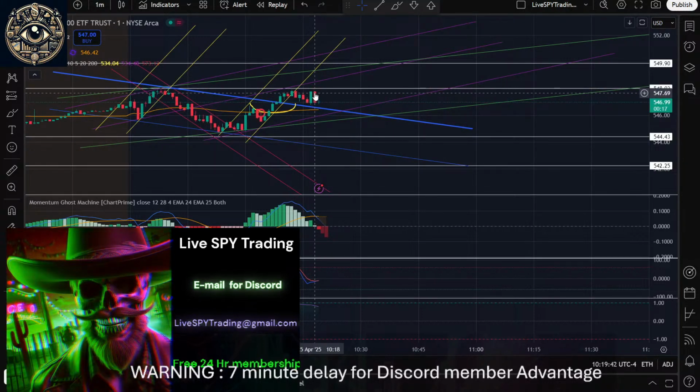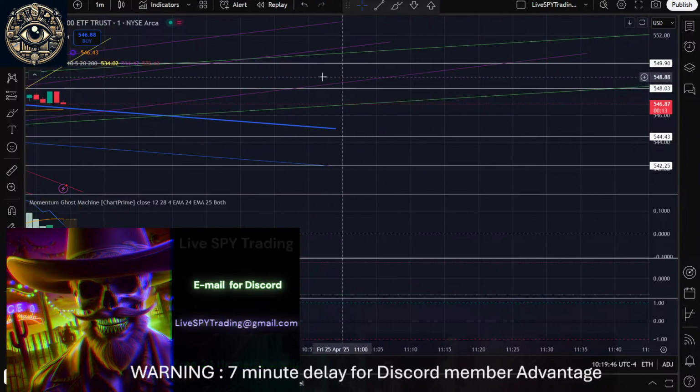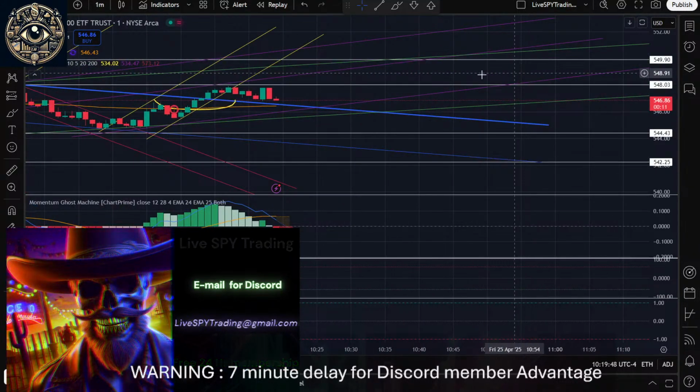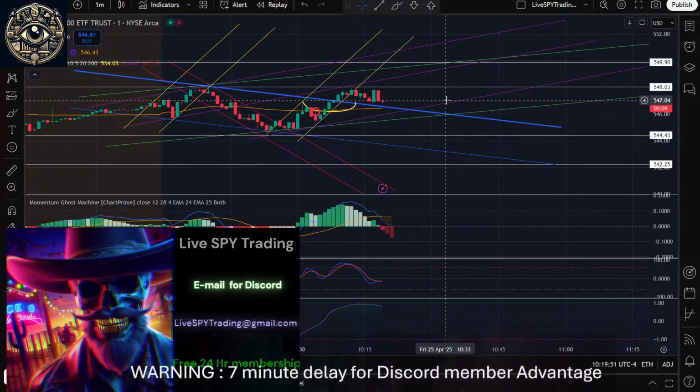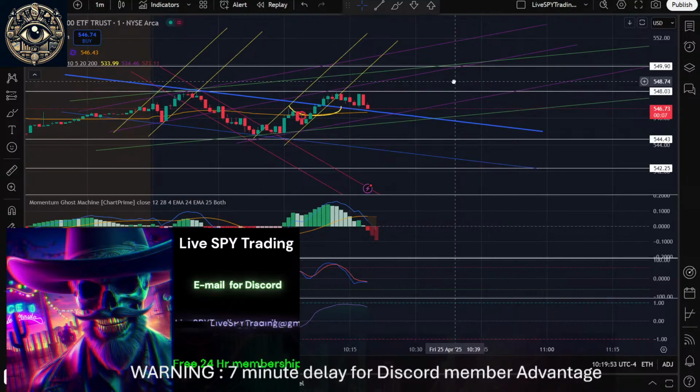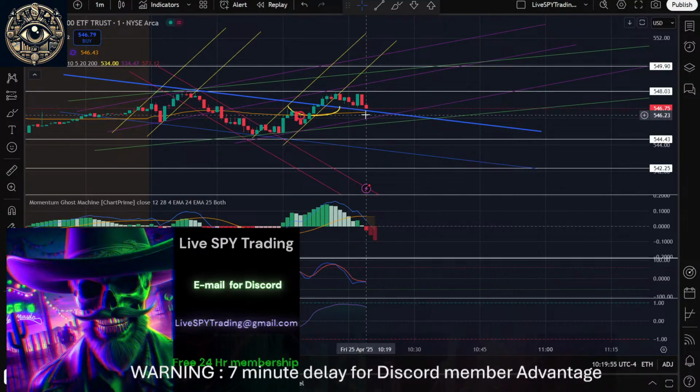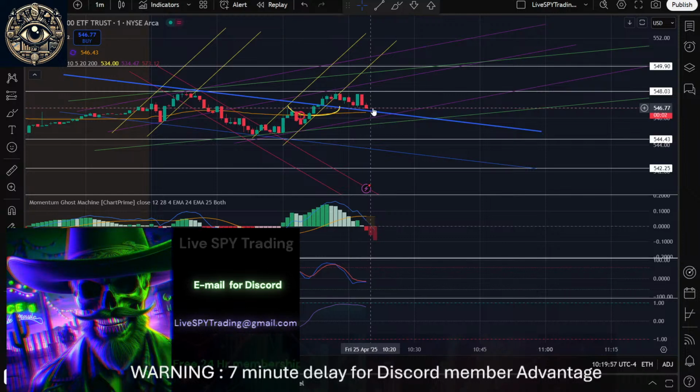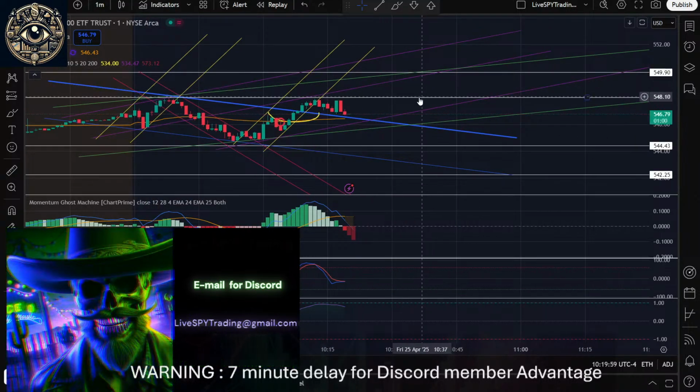This red candle kind of canceled this one out though. Let me see. It's not quite engulfing, but it's there. Alright, so now we see VWAP and blue at the same time. Back to VWAP. Let's see what happens.